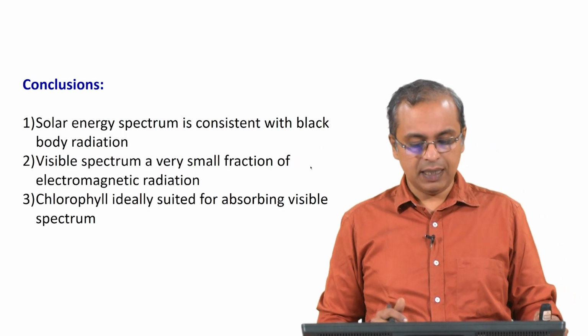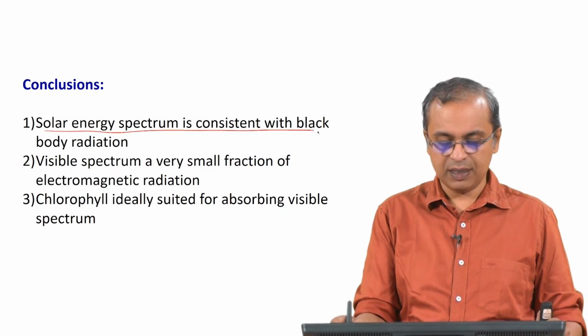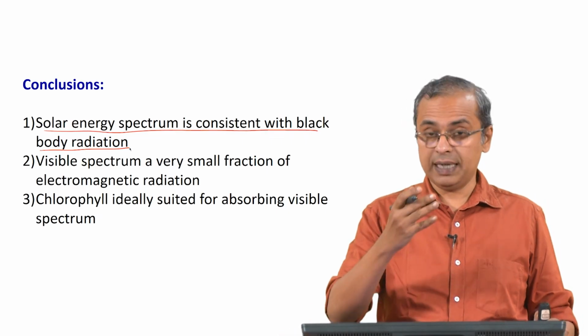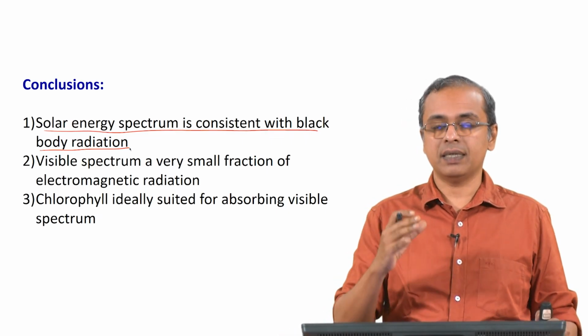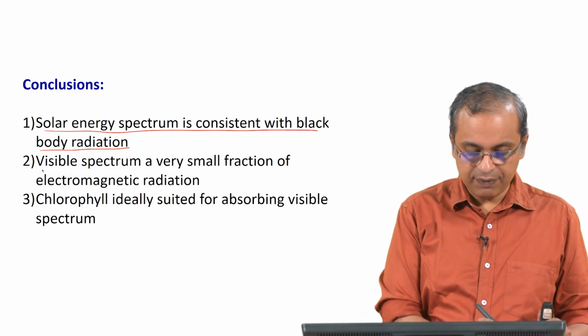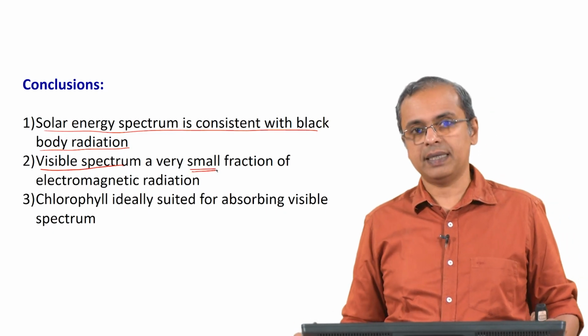So, in conclusion, we have looked at the solar energy spectrum, and we see that it is consistent with black body radiation behavior. We have looked at the electromagnetic spectrum in general, the solar spectrum in particular. We also see that the visible spectrum is a very small fraction of the electromagnetic spectrum.